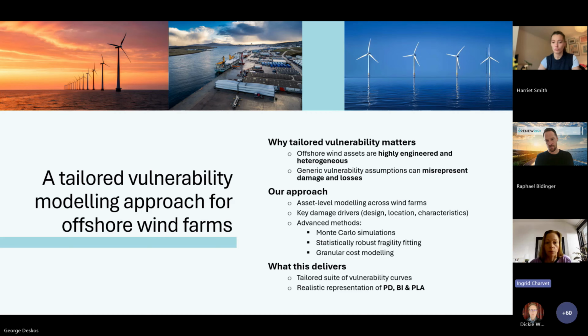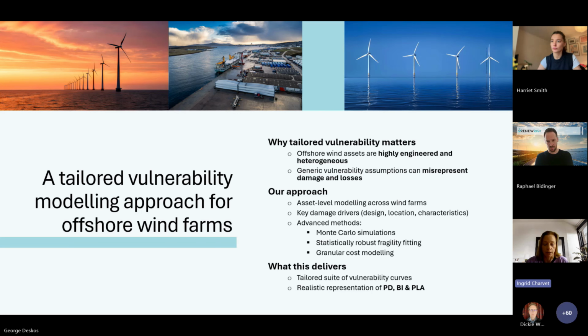So the way that we go about this, and again, Yorgos touched upon this, we take an asset-level modeling approach across the wind farm. We don't use just a generic one-location wind farm code and location. We capture the key damage drivers for all of the assets in the form of what we call primary characteristics, and I will talk about that in more detail.